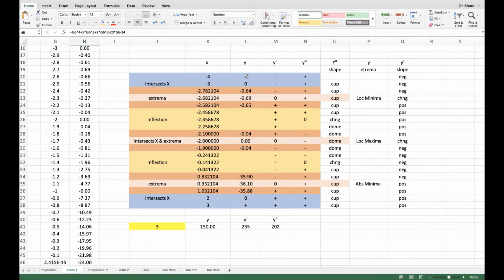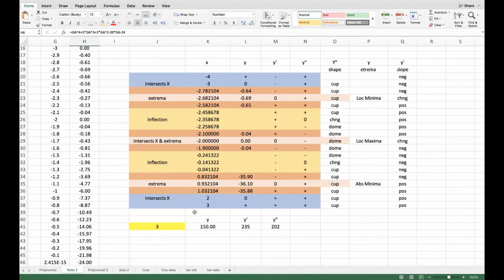Like I said, because of it being an even power that dominates over the others, ultimately it's going to override any negative values, and so from -3 and less, you're going to have ever increasing positive values above the x-axis.